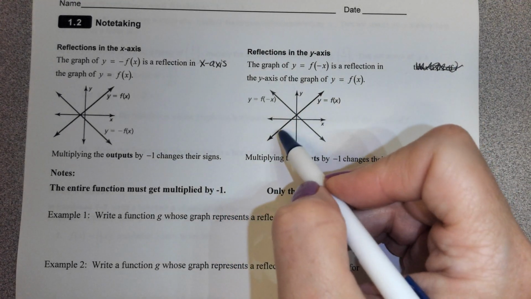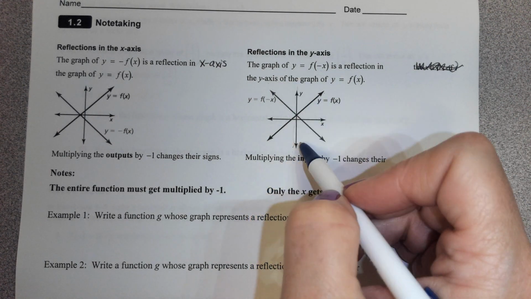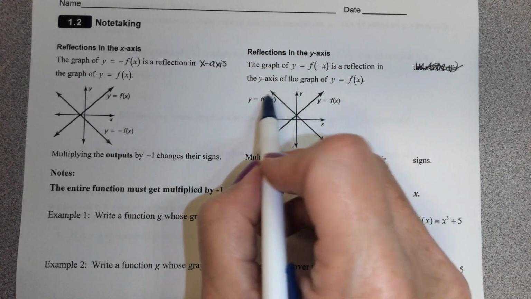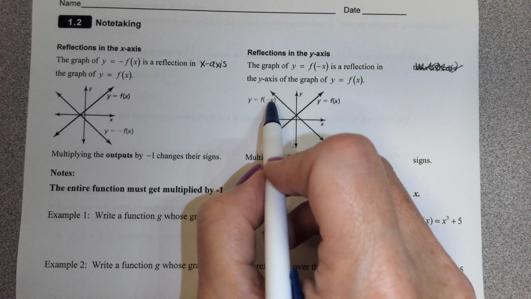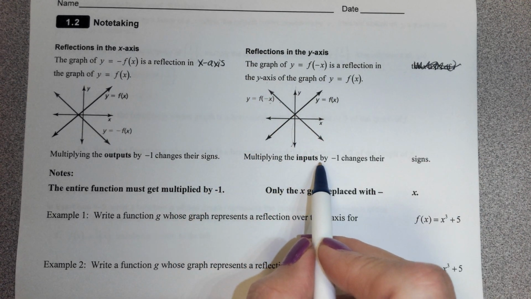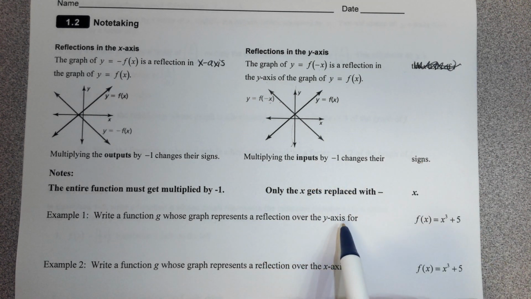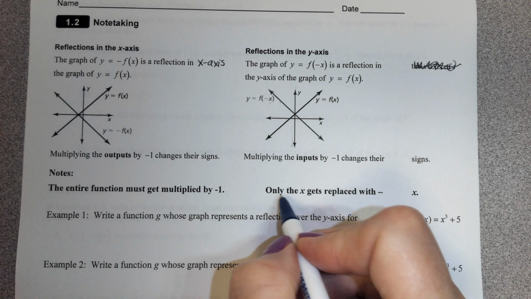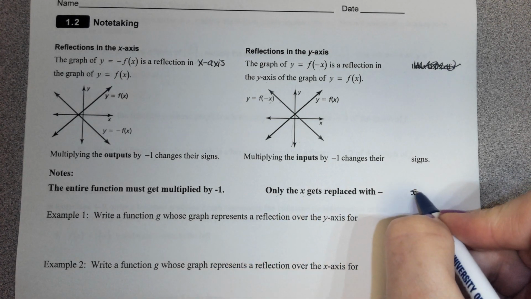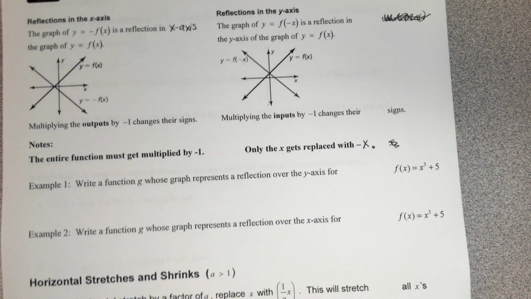So now if we want to flip it over this line here, see how it's flipped? We put -x in for x. So multiplying the inputs, or the x's, by -1 changes their signs. So in this case, only the x gets replaced with negative x. Okay?